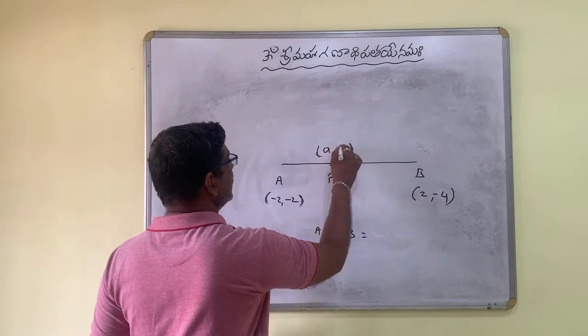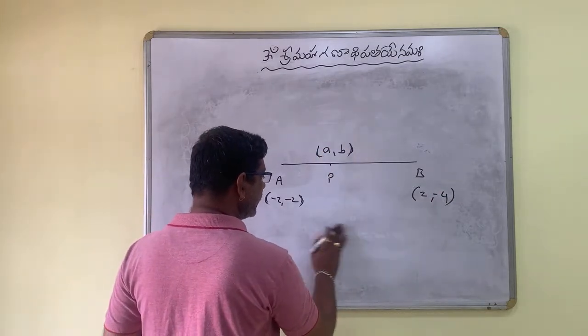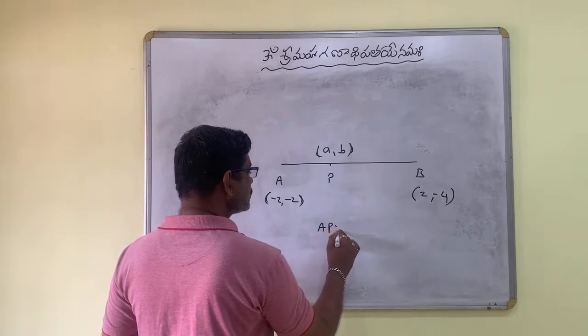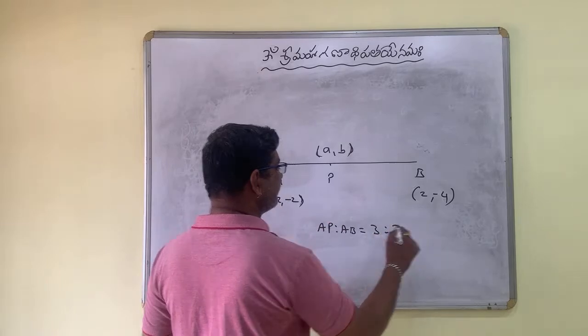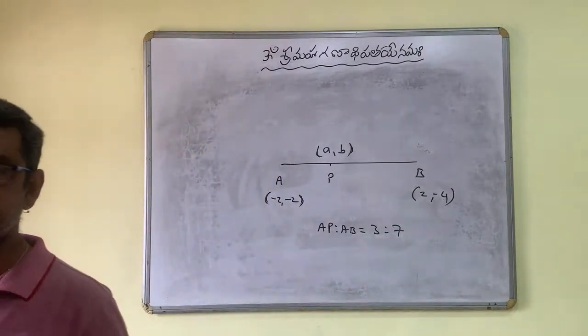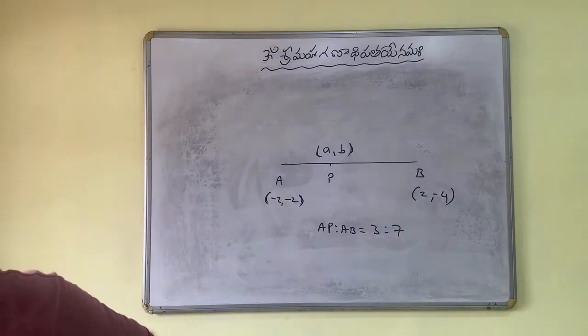We need to find out the coordinates of P, but the ratio is given as AP is to AB is 3 is to 7.